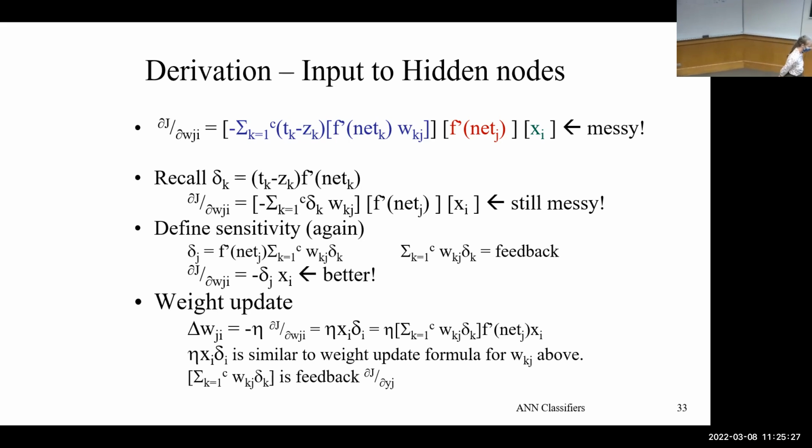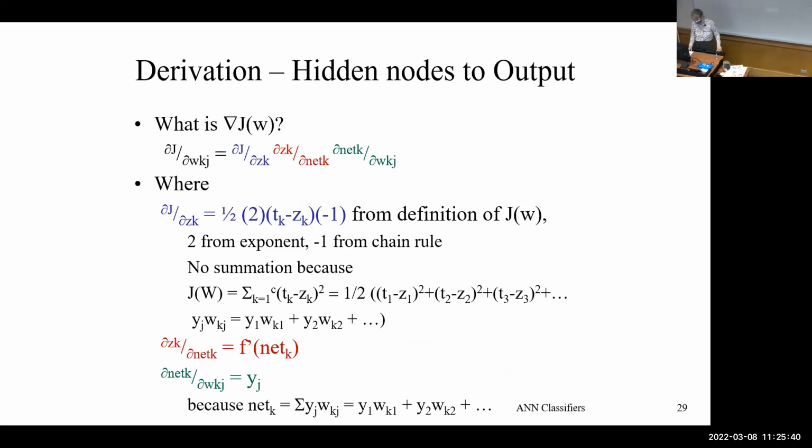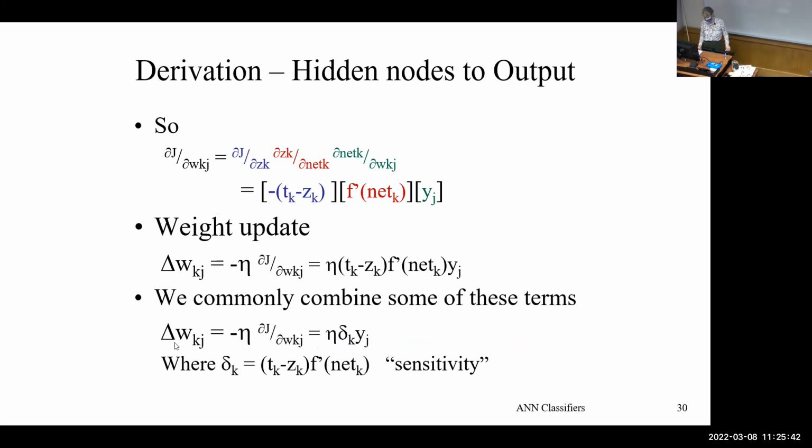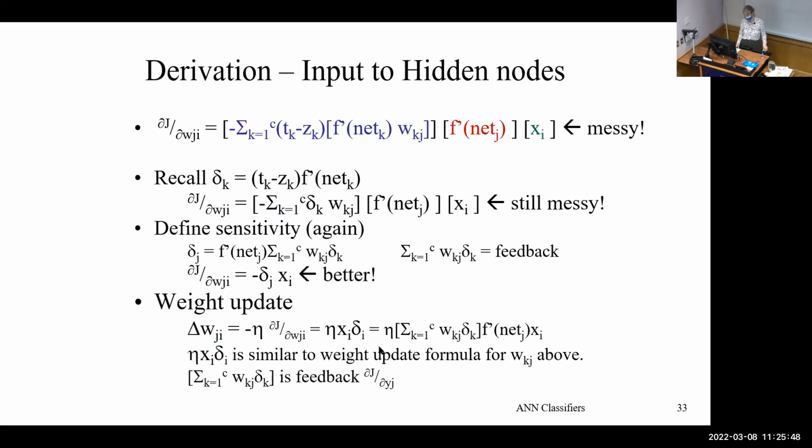But is this supposed to be J instead of I? No, because we're now updating WJI. When we were updating WKJ, then it was K and J. No, I and I should be I and J. Oh, sorry, the X. Yes, you're right.